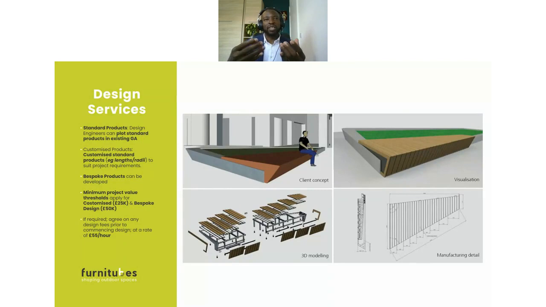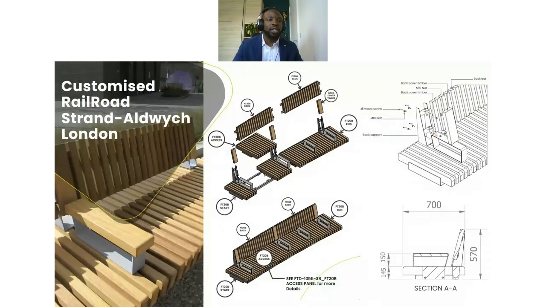Say, for example, if it's a 1.25 radius curve, but maybe you need 1.5, we're able to flex it, and we'd be more than happy to do that as part of our design services. And for projects which are more than £50,000 in terms of value to Furnitubes, we're more than happy to look at bespoke inquiries. So here are some examples of customized inquiries that we've done in the past.